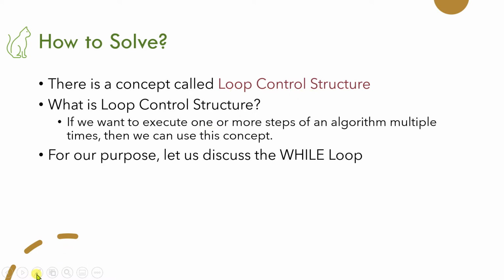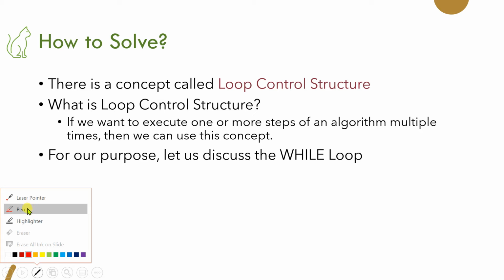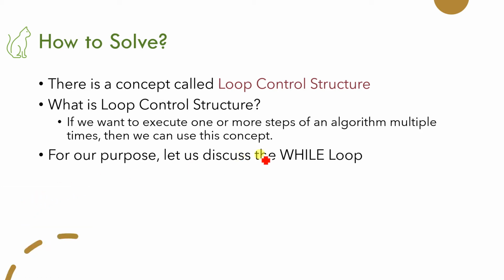There are several loop control structures available, but here we are going to focus on one, that is the while loop. Let us begin with the discussion of the while loop. After you understand what a while loop is, you can solve these types of problems quite easily.